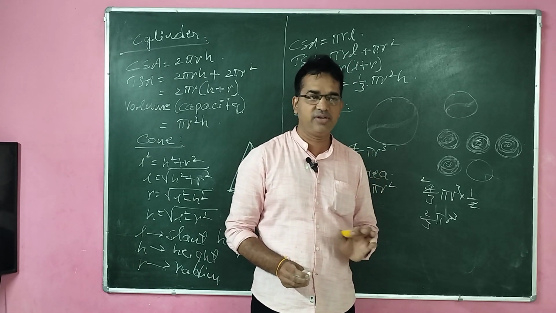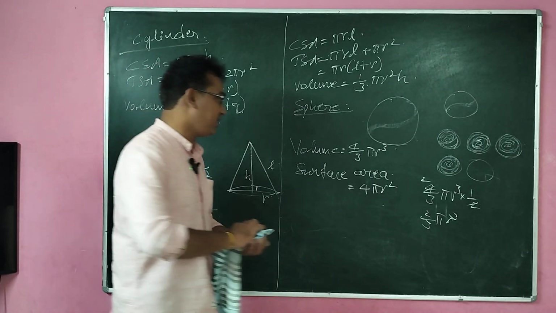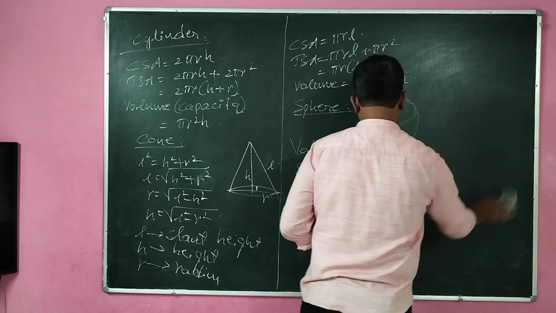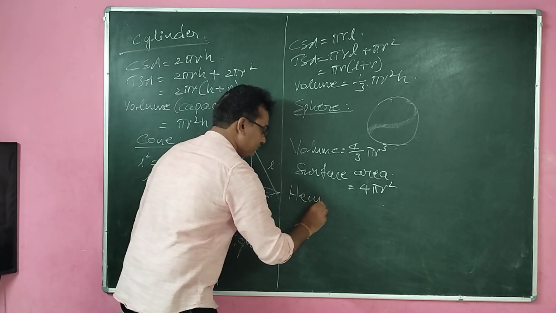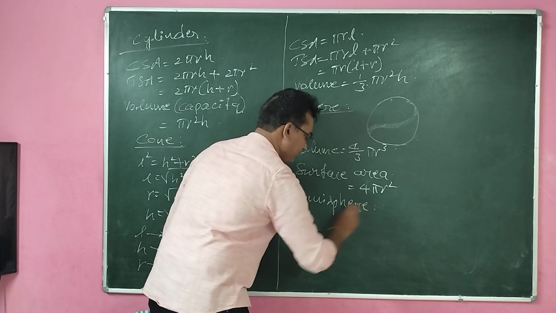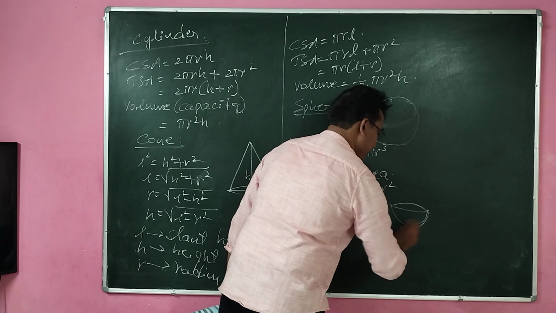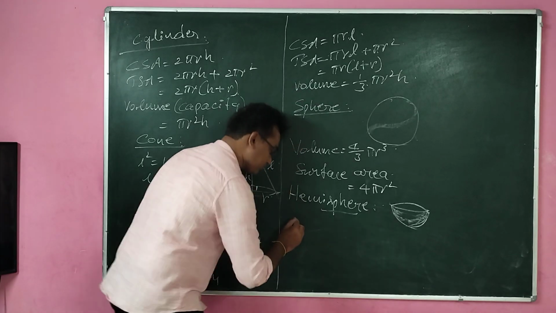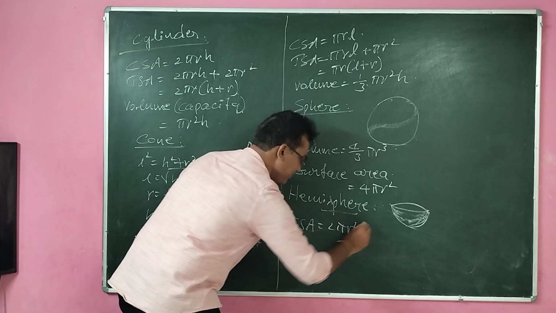Mostly understood. 3 formulas, very important. Okay, we'll write it. Now you can copy the formulas. Write down. So, hemisphere: CSA 2 pi r square.